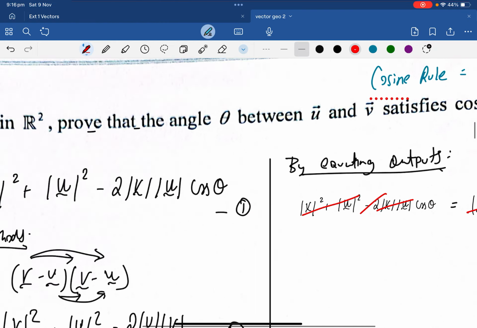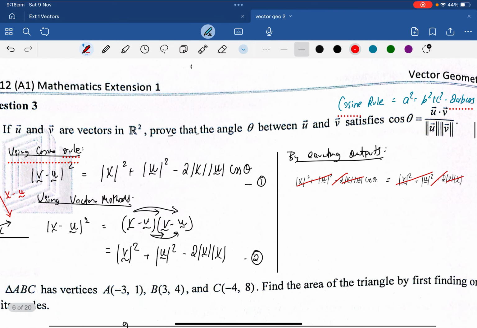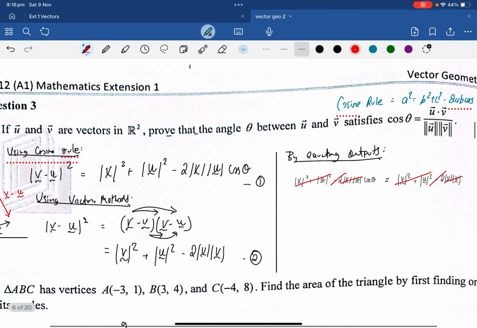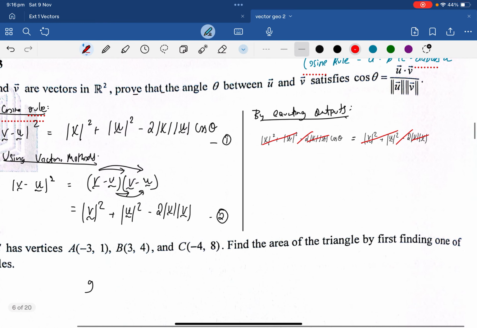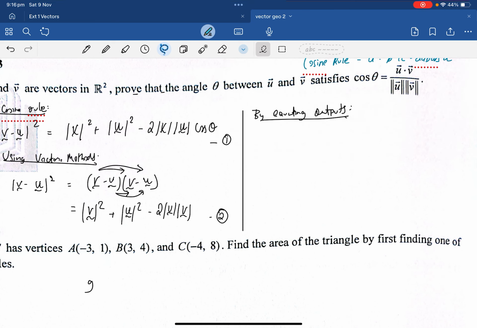So now what we get is that cos theta is equal to, wait, that's interesting. That's not how this is supposed to go. Oh, sorry guys. Looks like I made a mistake here.